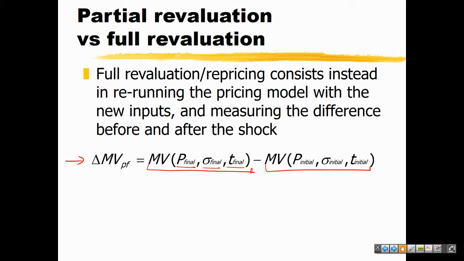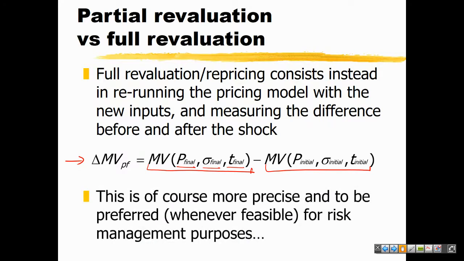In the case of a bond, for instance, the alternative would be to use modified duration and convexity to approximate how the bond price reacts to a change of, say, 0.5% in the discounting rate. This is an approximation through derivatives, which would be the equivalent here of using partial revaluation.